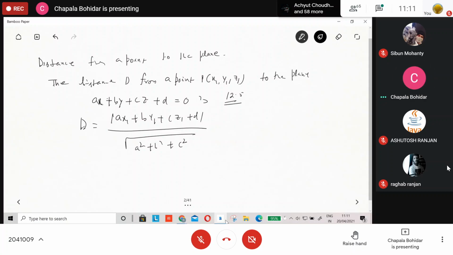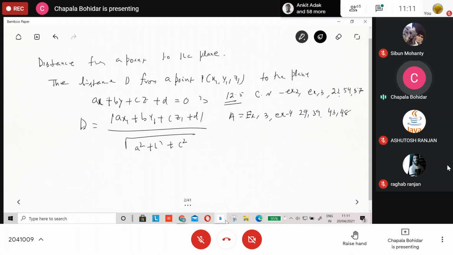Classwork is example 2, example 3, question numbers 22, 54, 57. And your assignment questions are example 3, example 4, 29, 39, 43, and 48.